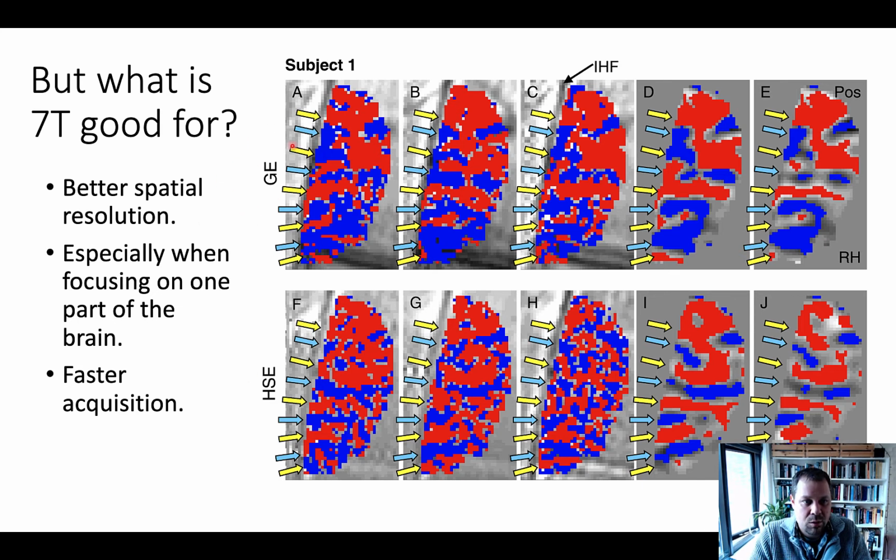So this is the normal sequence that we know of, and this is a somewhat specialized sequence that seems to work best for these types of stimuli and to identify visual cortical ocular dominance columns.